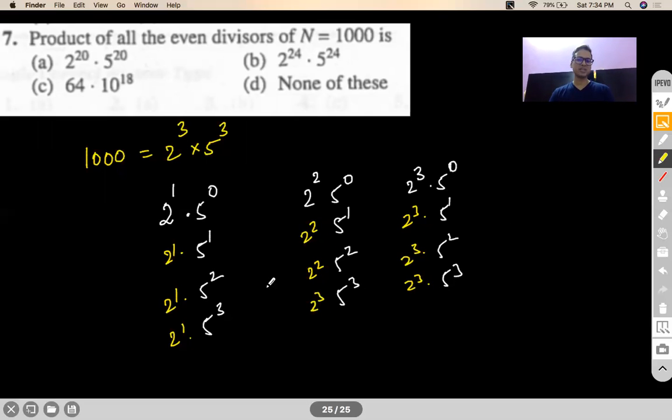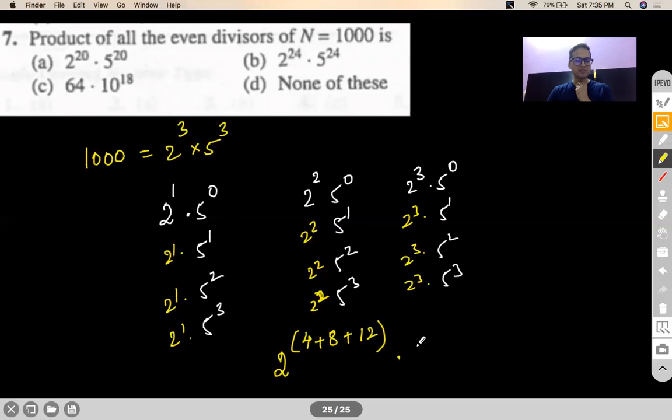We are multiplying 2, 2, 2, 2 square, 2 square, 2 square, and so on. So when you multiply everything, you get 2 to the power 4, this is going to be 8, and this is going to be 12.